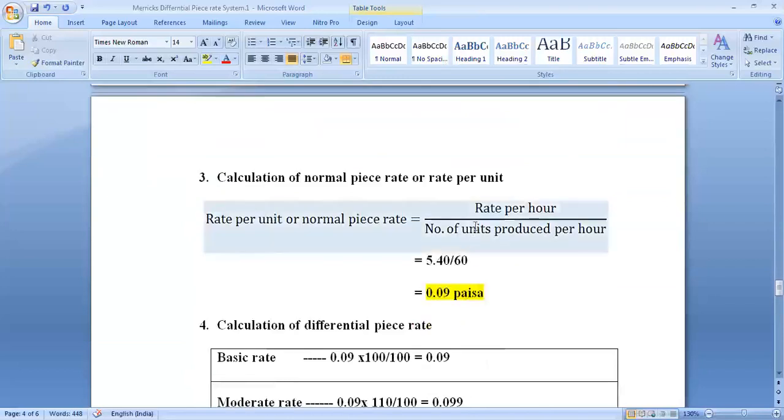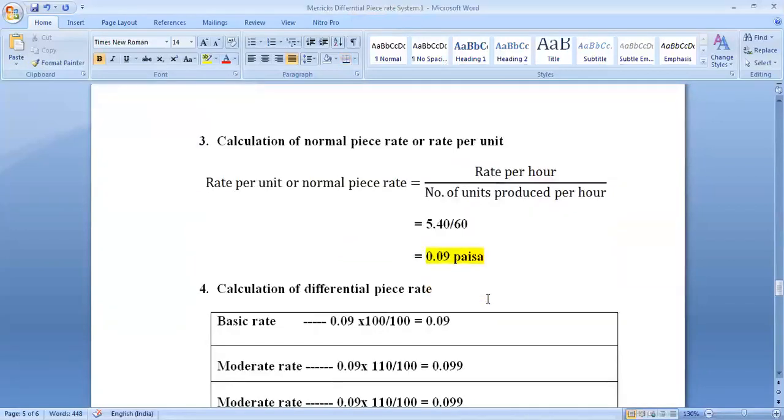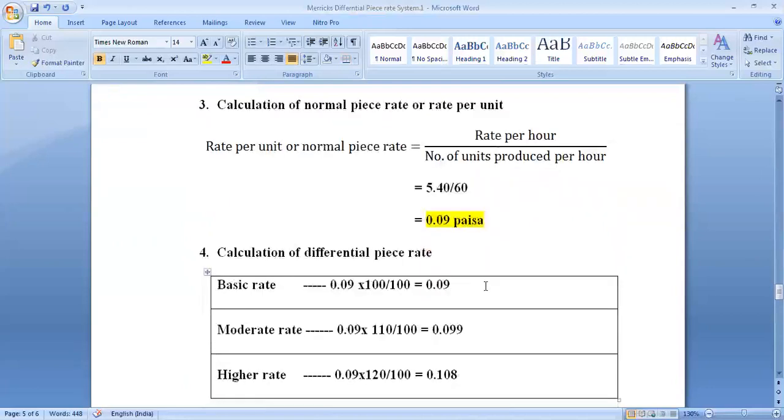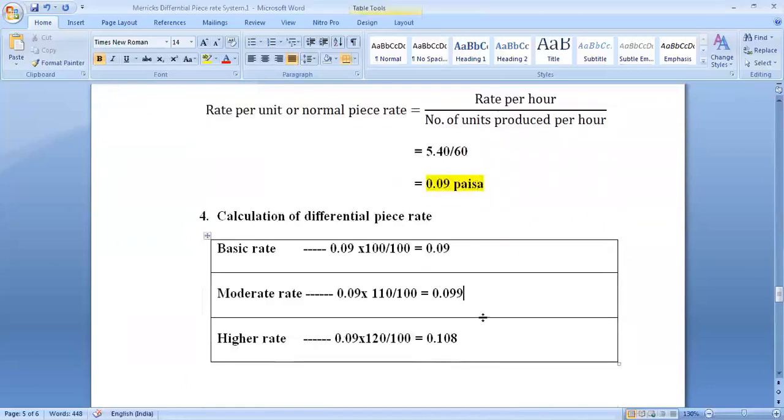In the third step, we have calculated rate per unit, which is 5.4 rate per hour divided by 60 units per hour. That gave us 0.09 paise. So we have calculated the differential modification in the rates. For basic rate 0.09 is 100% of piece rate, then moderate rate 0.099 is 110% of normal rate.